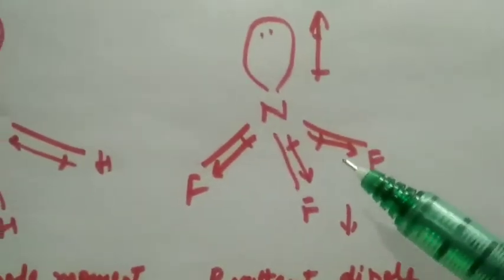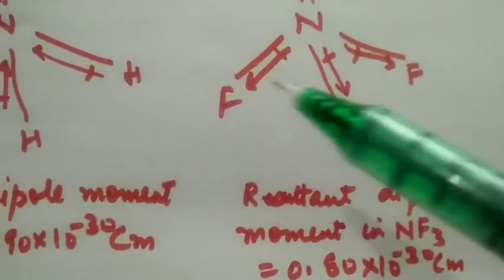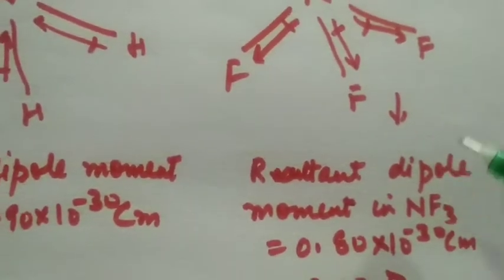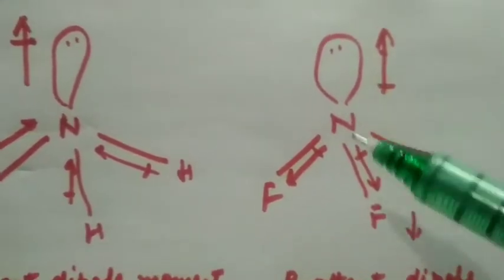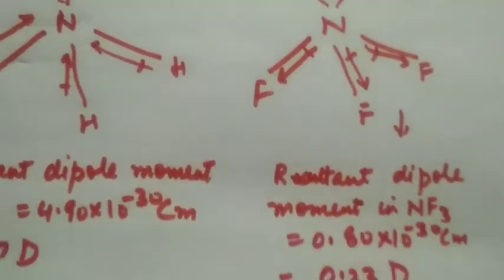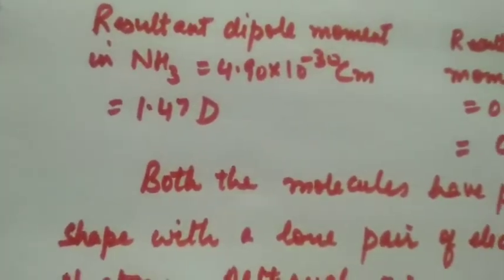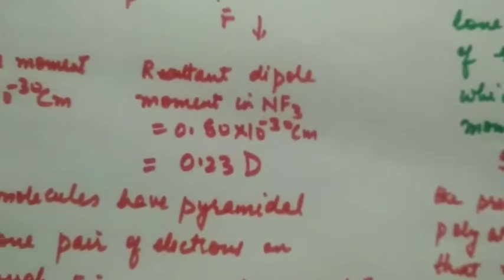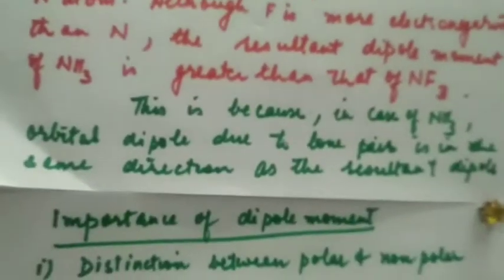But in case of NF3, the dipoles are pointing in this direction, so the resultant of these three bond dipoles is in the downward direction, whereas the orbital dipole is in the upward direction. These two cancel each other, so the net dipole reduces. So in case of ammonia, the dipole moment is 1.47 D, whereas in NF3 it is reduced to 0.23 D.